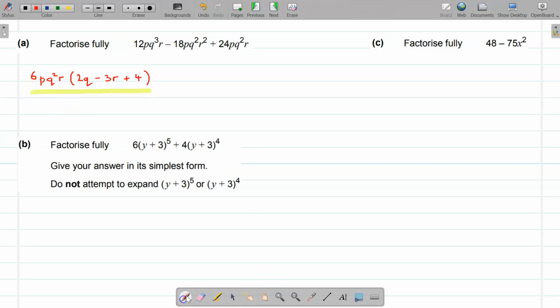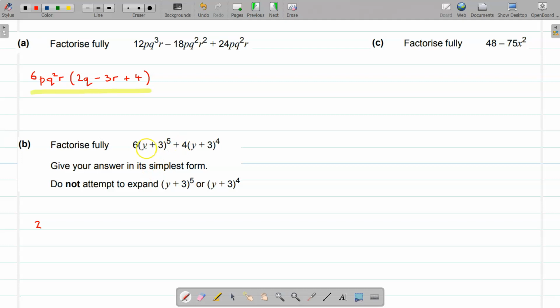The next one. Now, you could expand all those brackets out. It tells you not to, because it would take ages. There's absolutely no point at all anyway, because the highest common factor of, well, first of all, we've got 6 and 4, so it's going to be 2, okay?